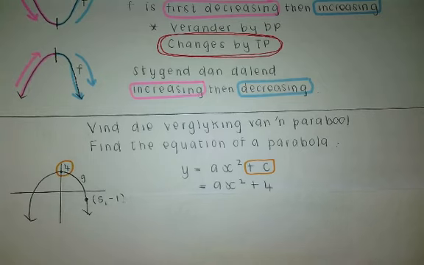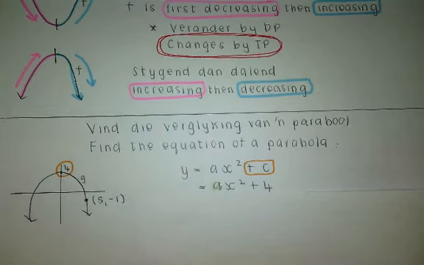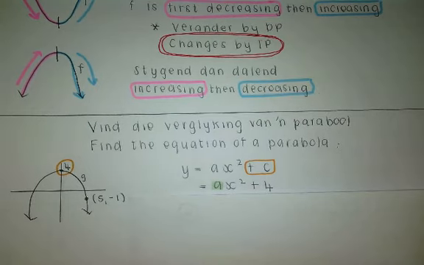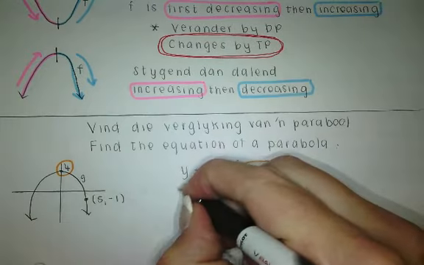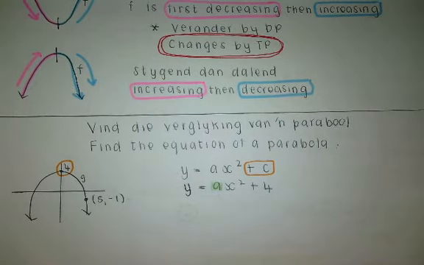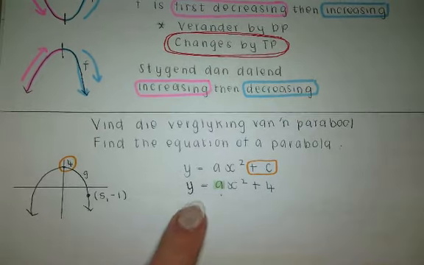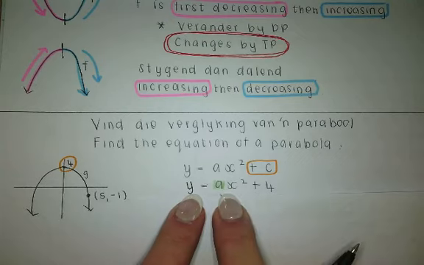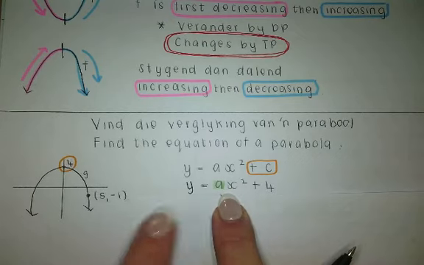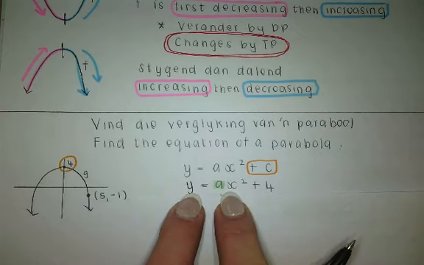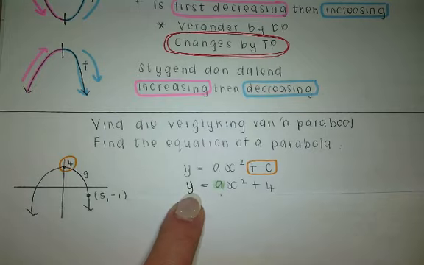Just like a linear, everything stays the same. We need to calculate our value for a. But now we've got a slight problem because, remember, the only way we can solve for one variable at a time is if we only have one unknown. The problem is we've got x and y in my equation as well. But what can we substitute into x and y? At least one coordinate that they've given us on the graph.